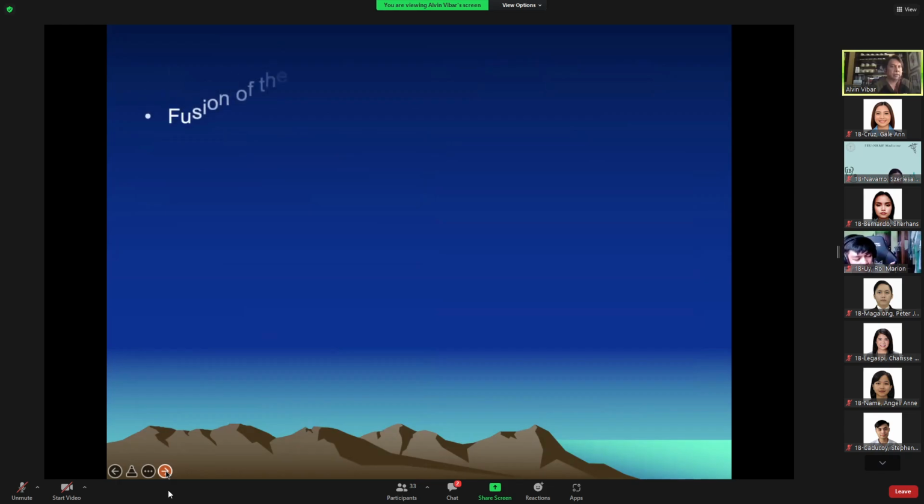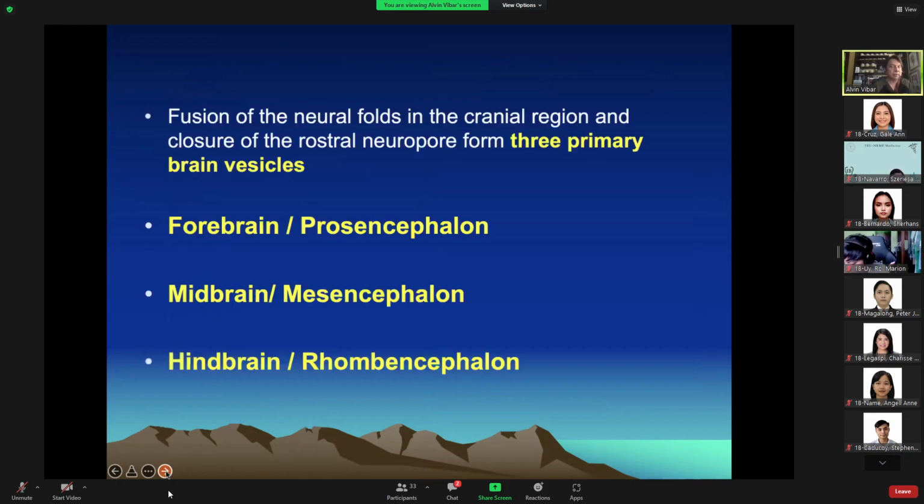What are the 3 primary brain vesicles? Again, take note, at the 4th week of human development, the developing brain is divisible into 3 primary brain vesicles: forebrain, midbrain, hindbrain, but specifically, I want you to remember them as prosencephalon, mesencephalon, and rhombencephalon.